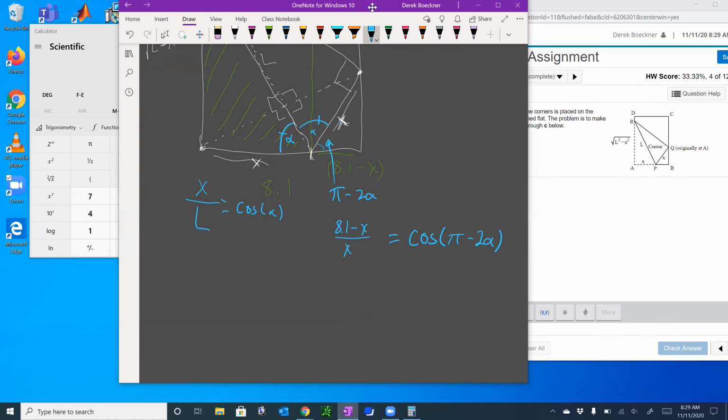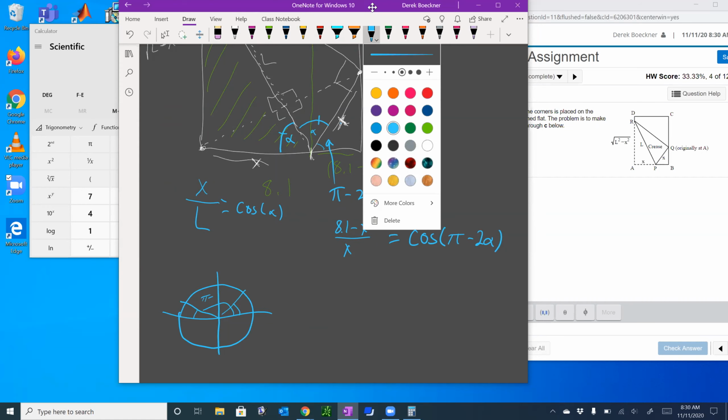Okay. So let's look at some trig identities. Here's alpha. If this is alpha, this is pi minus alpha, right? Let's go not alphas. Let's go beta.